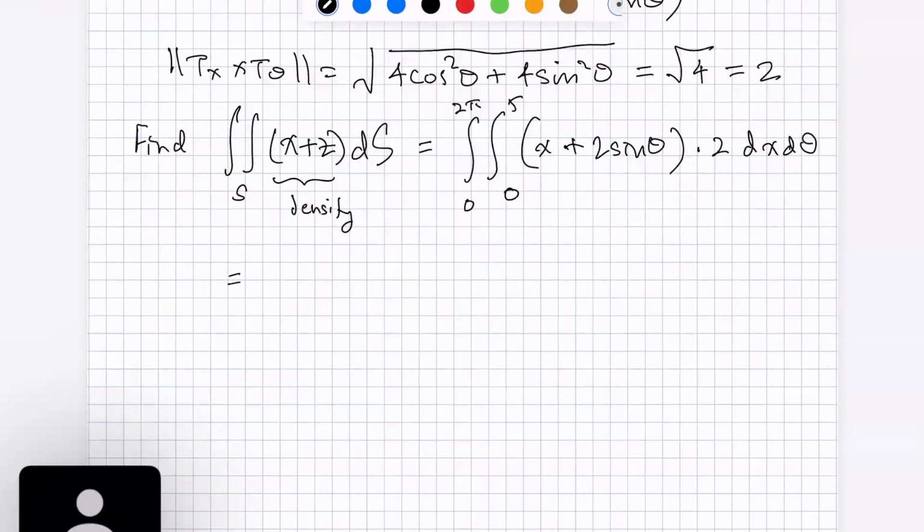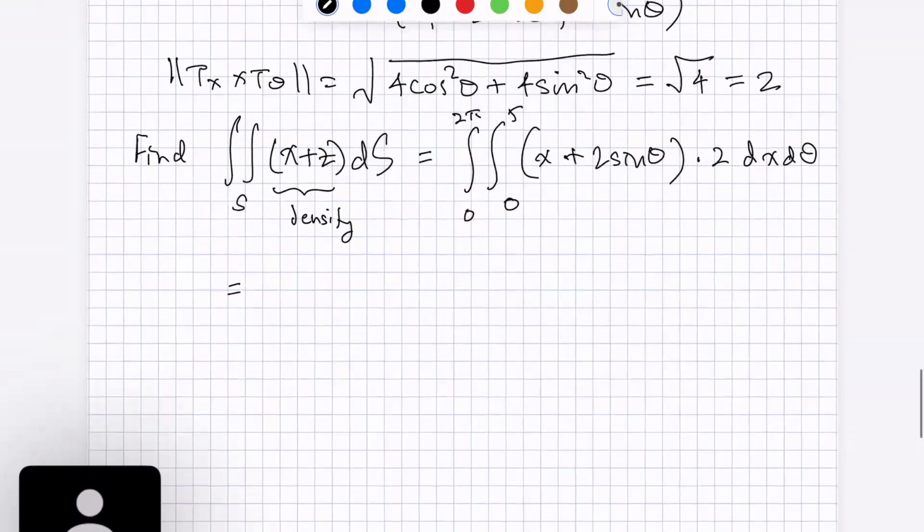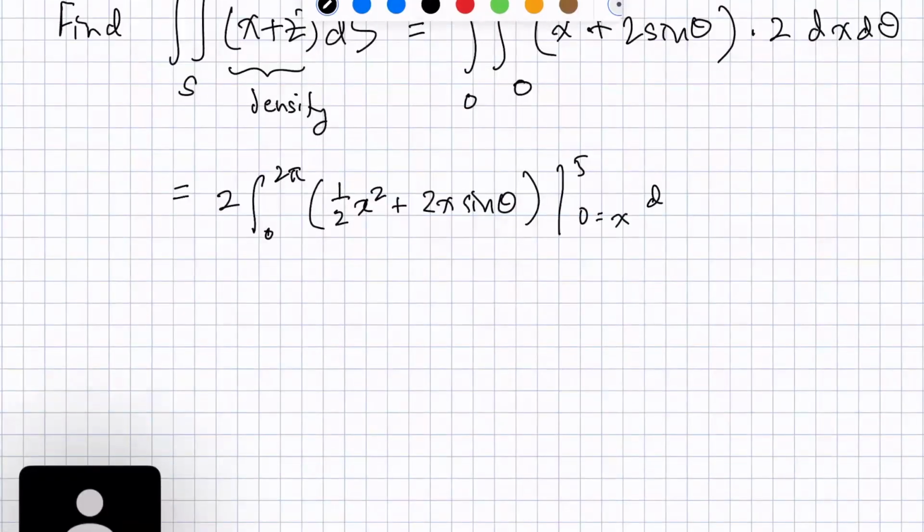Now, this integrand has both x and theta. So for now, let's just keep both of them, although I'll show you in just a moment how you can simplify this really quickly. Let's pull the 2 outside, and let's integrate in x. So you have 1/2 x squared plus 2x sine theta from 5 down to 0. And remember, these are x values. So my x values will give me 25 over 2 plus 10 sine theta d theta.